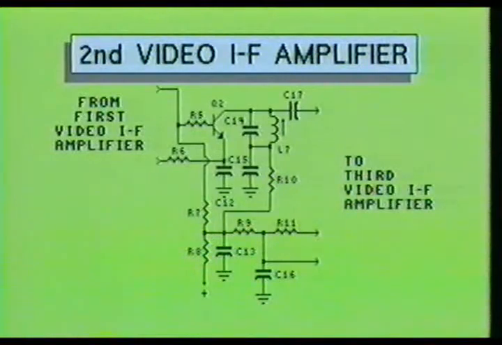The intermediate sound carrier is now coupled into the second video IF amplifier stage by capacitor C9. The IF sound carrier passes through resistor R5, which limits all input entering through the base of transistor Q2. Transistor Q2 provides second-stage amplification of any signal applied to it.